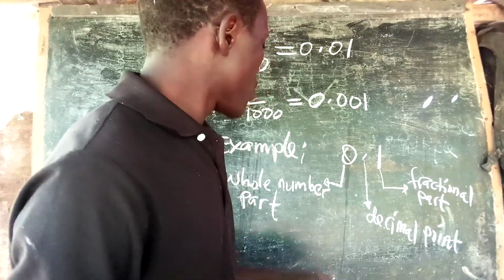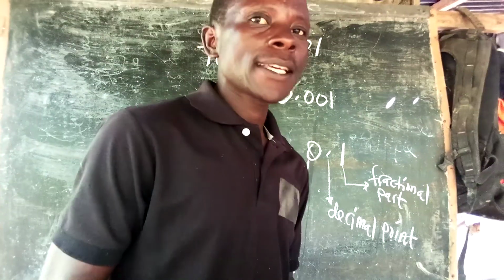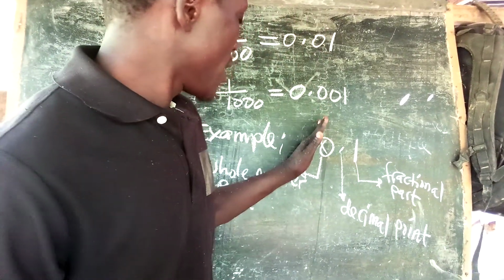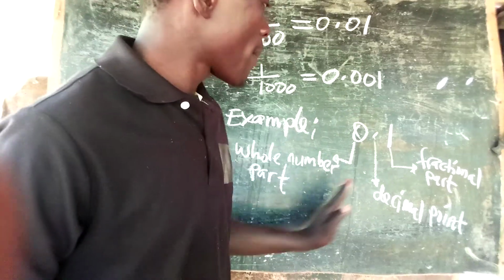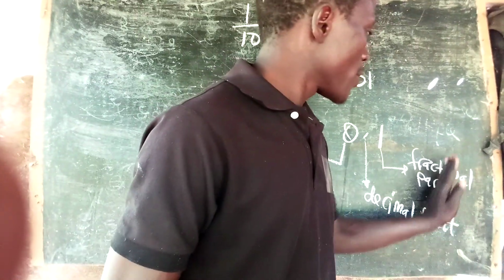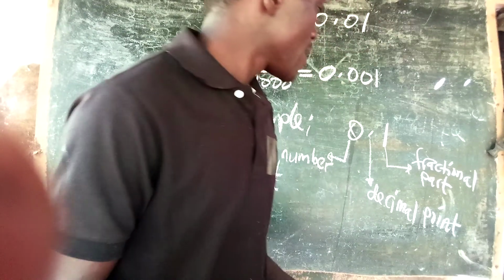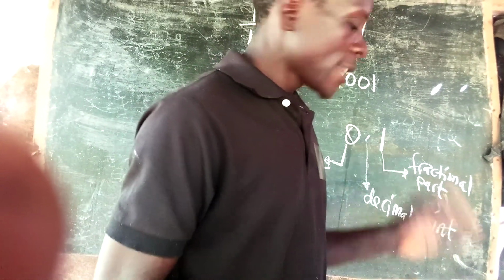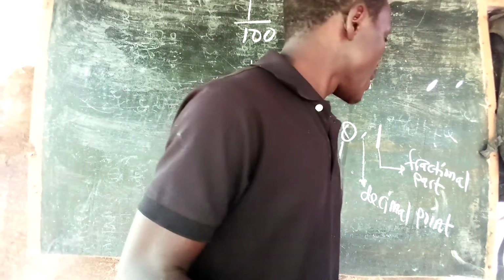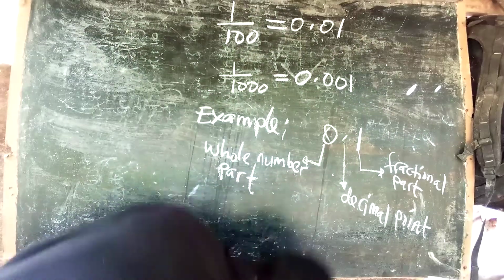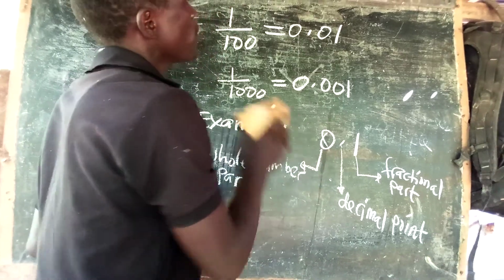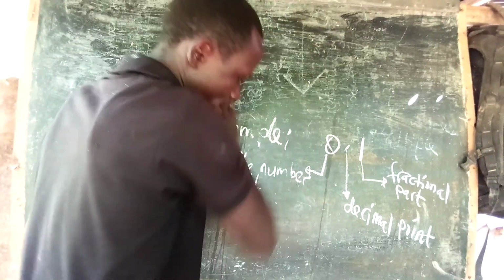Any decimal should have 3 parts. On the left side, before the decimal point, is the whole number part. This is the decimal point, and the numbers on the right side of the decimal point are called the fractional part.